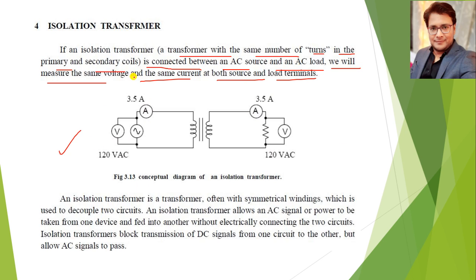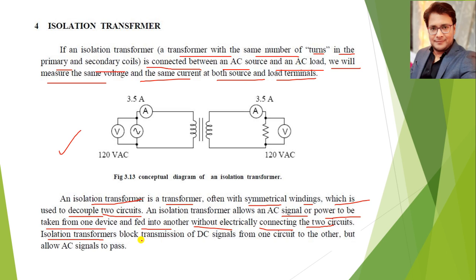This is isolation transformer. An isolation transformer is a transformer, often with symmetrical winding, which is used to decouple two circuits. An isolation transformer allows an AC signal or power to be taken from one device and fed into another without electrically connecting the two circuits.